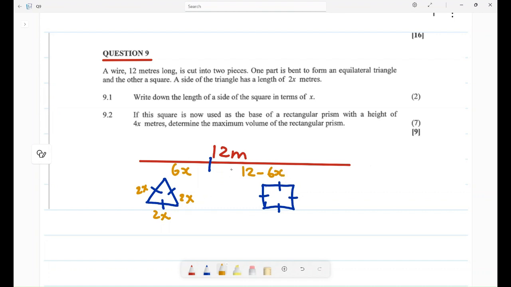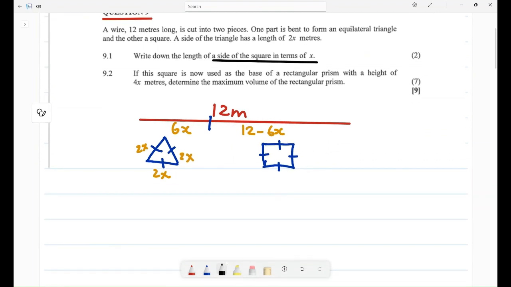Okay, let's answer the question. 9.1. Let me use a different color here. 9.1 says write down the length of a side of the square in terms of x, a side, not the whole.